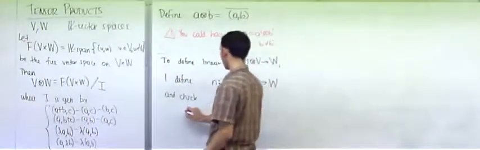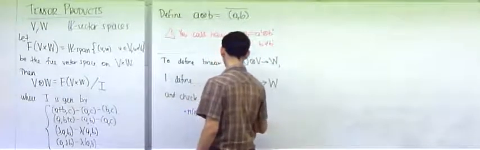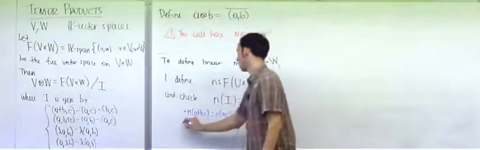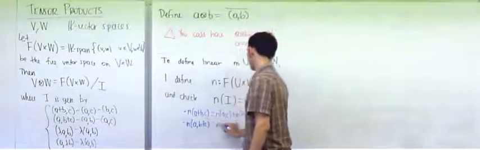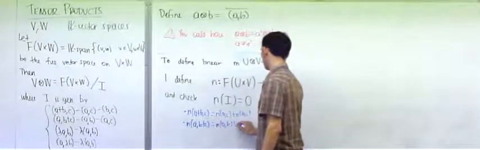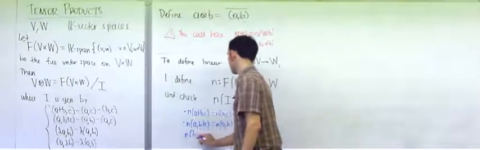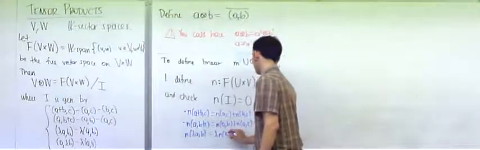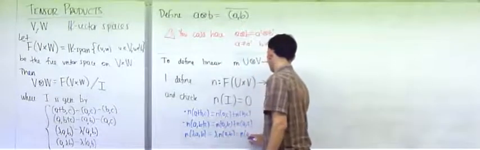So let me write that down. n of (A plus B, C) should be equal to n of (A, C) plus n of (B, C). n of (A, B plus C) should be equal to n of (A, B) plus n of (A, C). n of (lambda A, B) should be the same thing as lambda n of (A, B), and that should be equal to n of (A, lambda B).